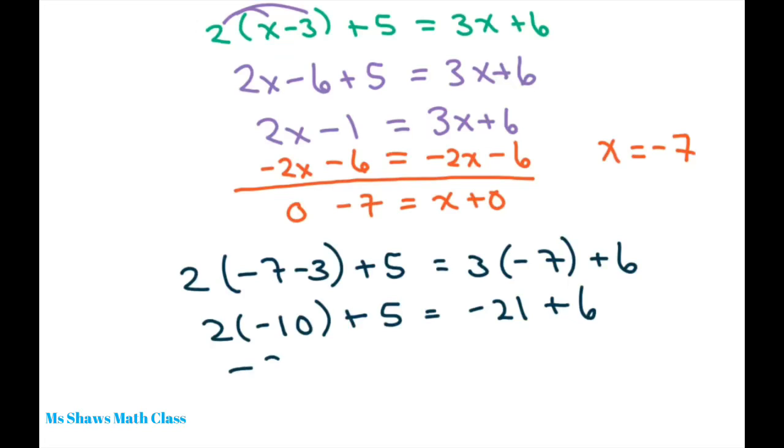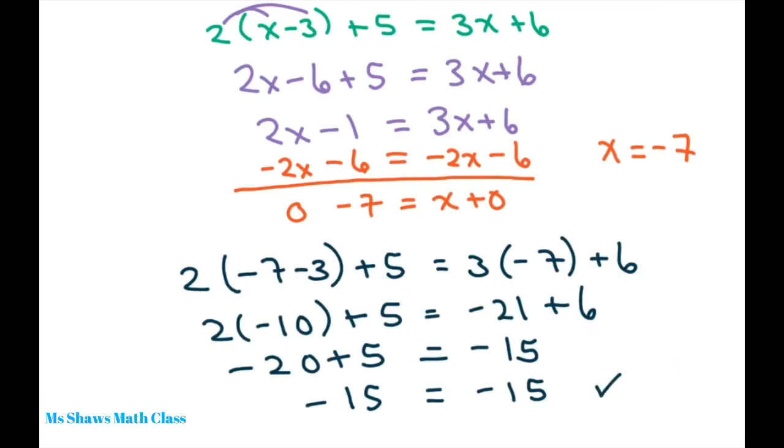So we have negative 20 plus 5 equals negative 15. Or negative 15 equals negative 15. Since that checks out, and we were checking to see if the left-hand side equals the right-hand side, that means negative 7 is our solution set. And that's it.